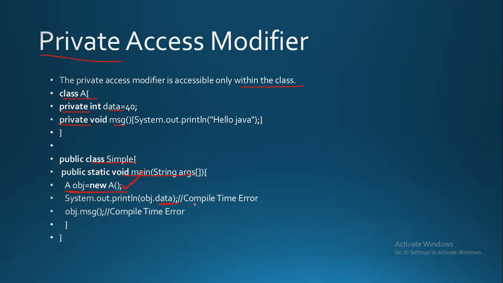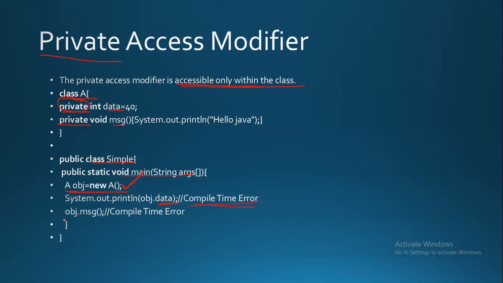But you see, it throws a compile time error because it's private. So you cannot access the data variable outside class A because the accessibility is only within the class. So if you try accessing it outside the class, you have a compile time error.